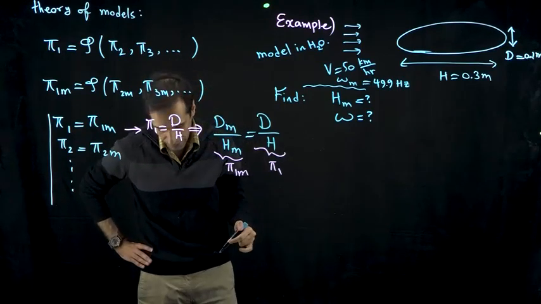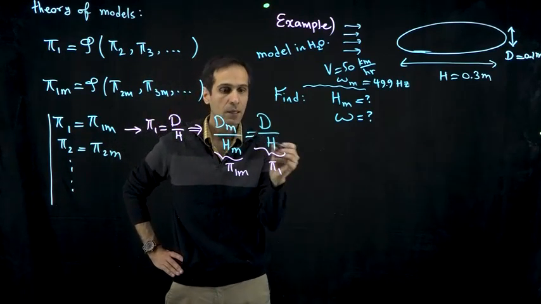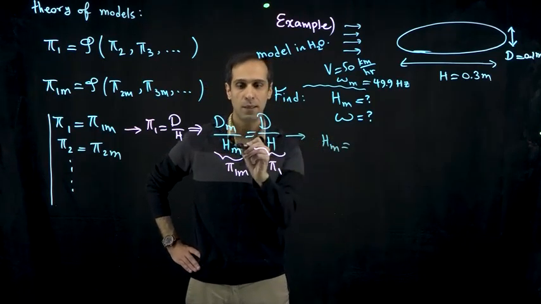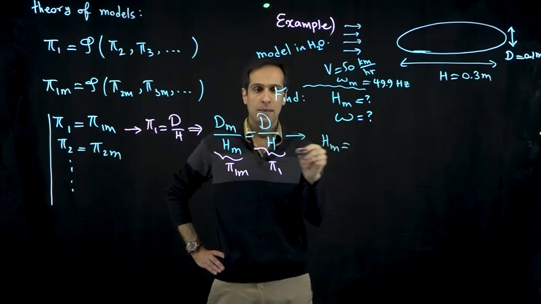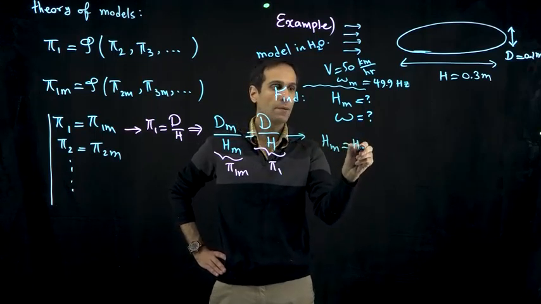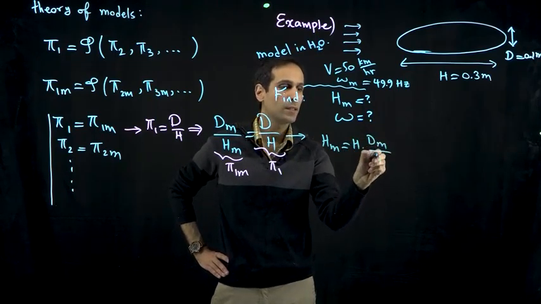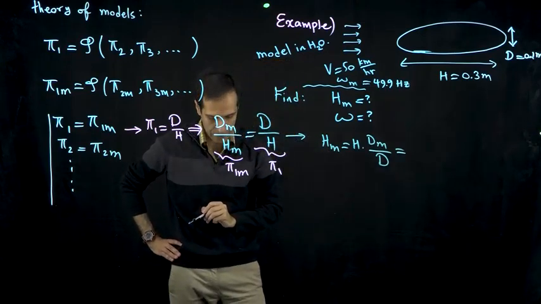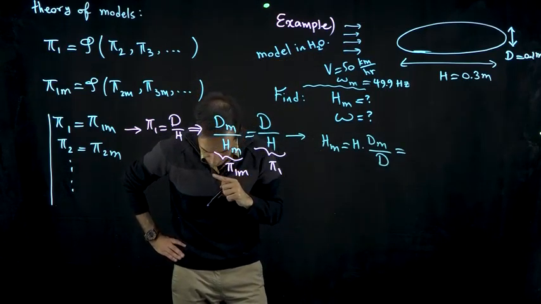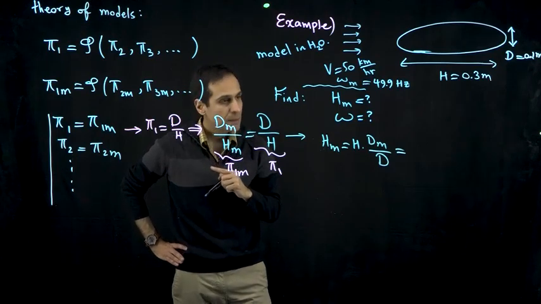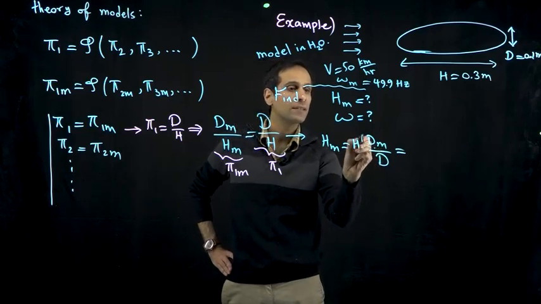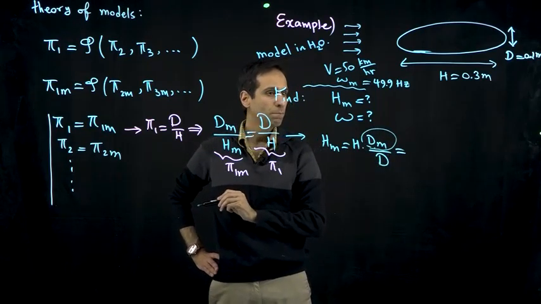Therefore, I can find h of model from this equation, which is h of model is h times d model divided by d. Everything is given. But when I want to solve this, I will notice that I still need to find d of model, which is not known.